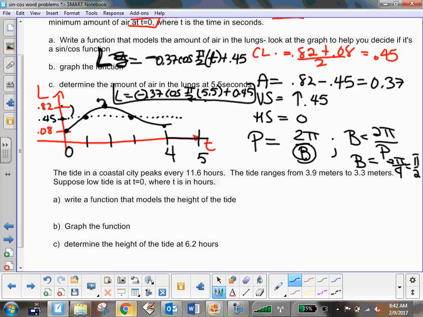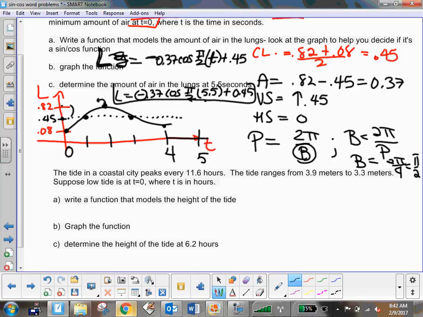That would make sense that it would be positive. Let's see. So negative 0.37, I'm doing it on my calculator, cos of 5.5 pi divided by 2, close my parentheses, plus 0.45. I get 0.711. Do you just multiply the pi over 2 times the 5.5? Yeah, you can.